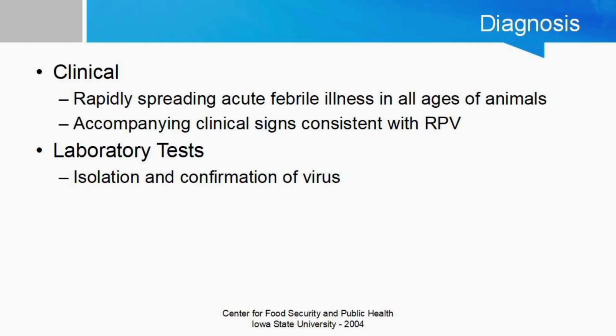An entire herd may become infected in less than a month, which is in contrast to most BVD outbreaks in the United States of America, where only individual animals are sick at one time. The laboratory diagnosis of rinderpest virus in non-endemic regions requires isolation and confirmation of the virus.